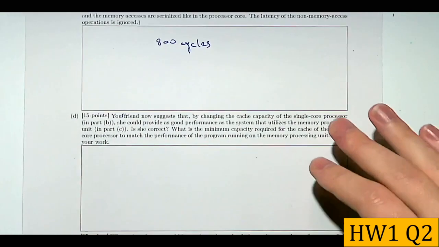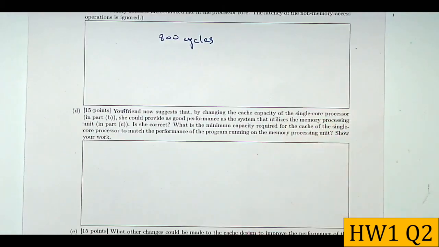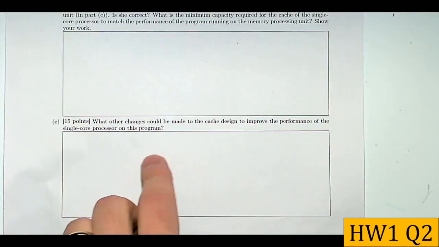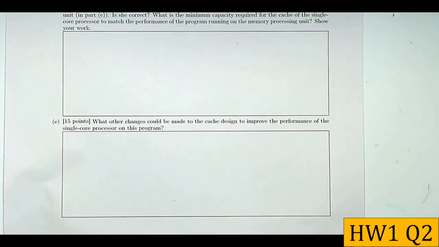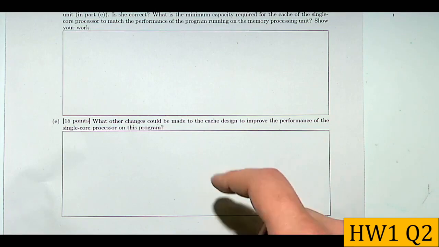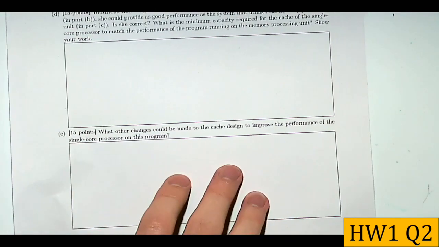So in this part, you just change the cache by increasing the number of entries you have in the cache. And in the fifth part, part E, it asks how you can change the cache design while keeping the capacity the same, or potentially also increasing the capacity, to improve the performance of the design with cache. And here the answer will be basically, so what was the problem with the previous cache design?